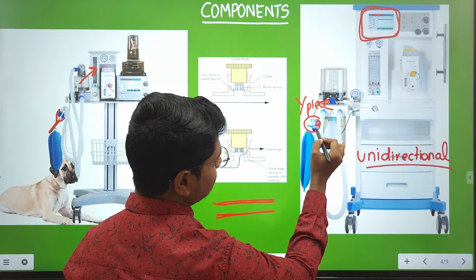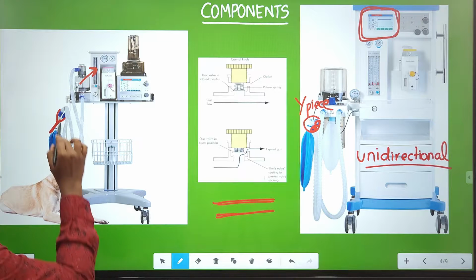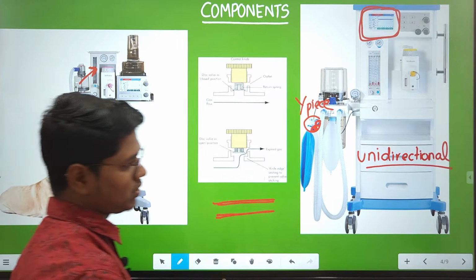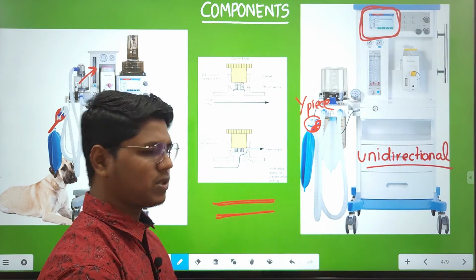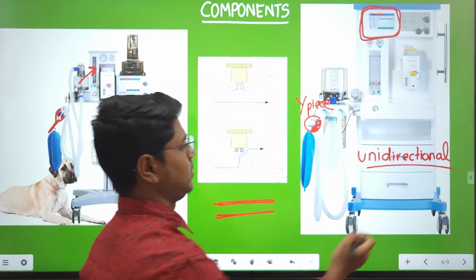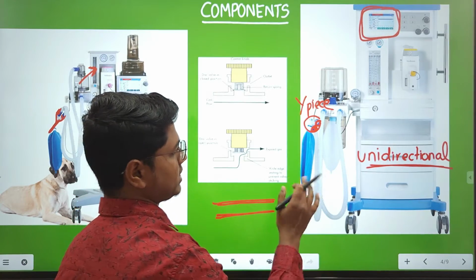You see here in the inspiratory limb and the expiratory limb you will find the valves. These valves do not allow the to and fro motion of the gases. In the circle system you will see where the unidirectional valves are placed and how they work. These are the components of this breathing system.